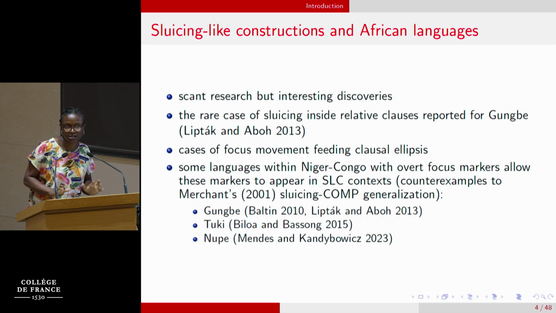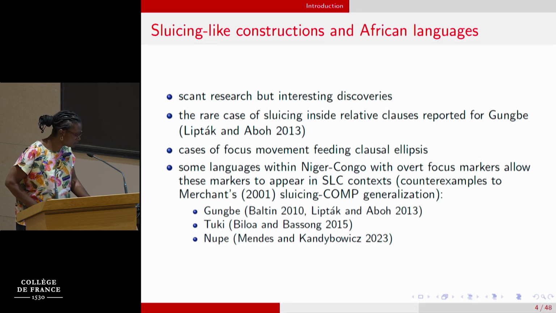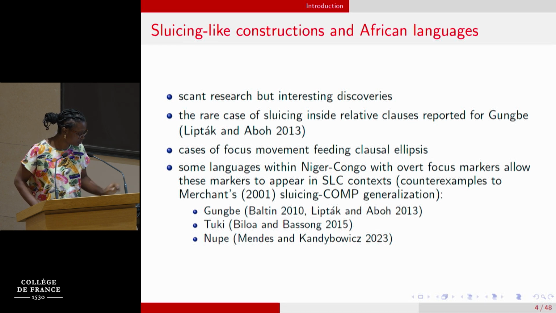That's the cross-linguistic generalization that in sluicing constructions, it seems to be the case that the C elements that we normally get in non-elliptical constructions do not appear in sluicing cases. So for instance, we have data from Gungbe, from Turkish by Bilal and Basong, and also a recent work on Nupe showing that the sluicing comp generalization doesn't seem to hold.